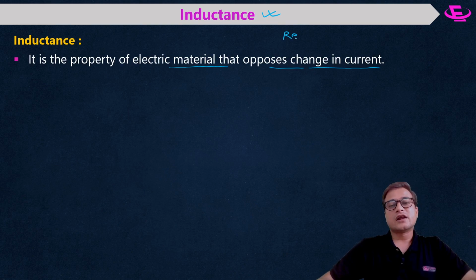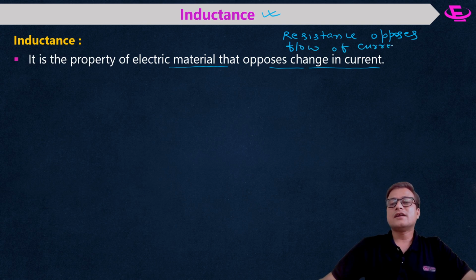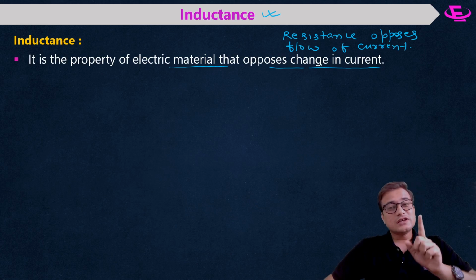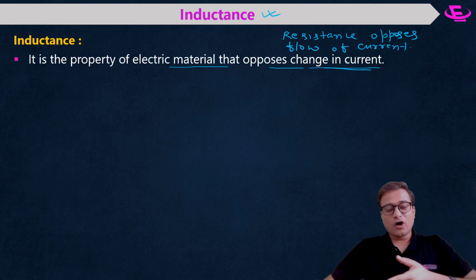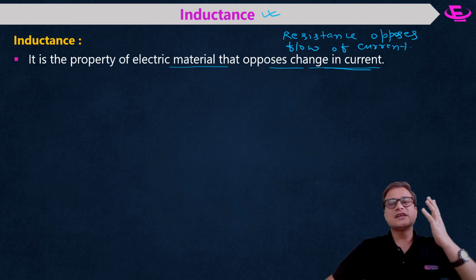Resistance opposes the flow of current. Clear? What is inductance? It is opposing change in current. See the difference between opposition to the flow of current and opposition to change in current.